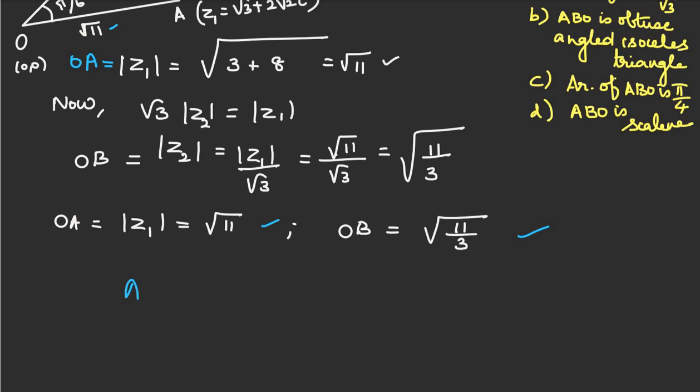Now in the side AB, AB square can be written as OA square plus OB square minus 2 times OA into OB into cos of the angle between OA and OB, which is pi by 6.